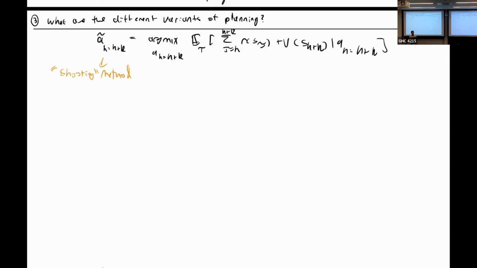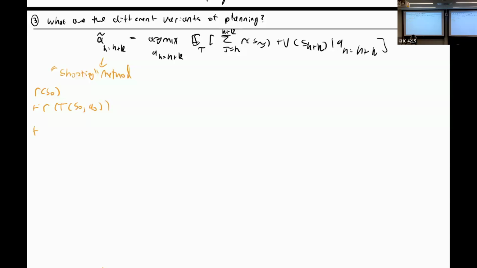To see this, think about what the actual problem we're solving is under deterministic dynamics. We're going to have some kind of r of s naught. Then the next step is plus the r at the next step, right? So r of the transition dynamics of s naught, a naught.